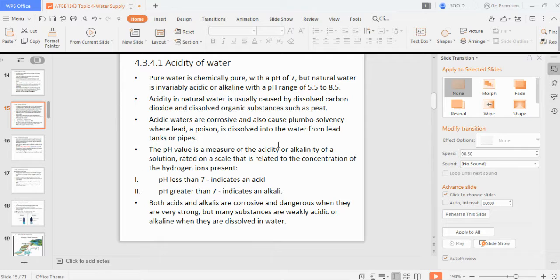So this is about the acidity of water. You guys can have a look at it. We cannot consume water that is too acidic or too alkaline. This is bad for us. One thing to take note of is that water that is too acidic will cause problems to our equipment.